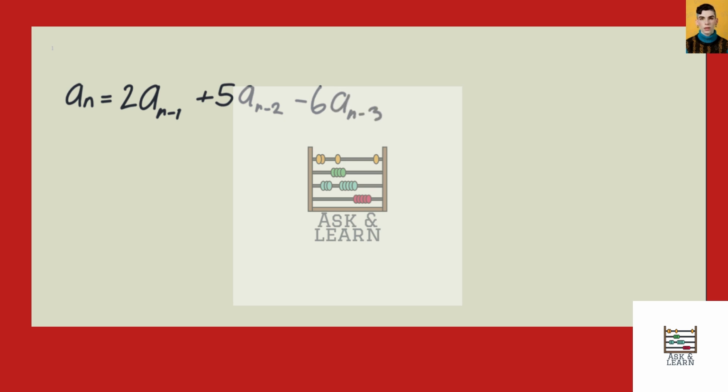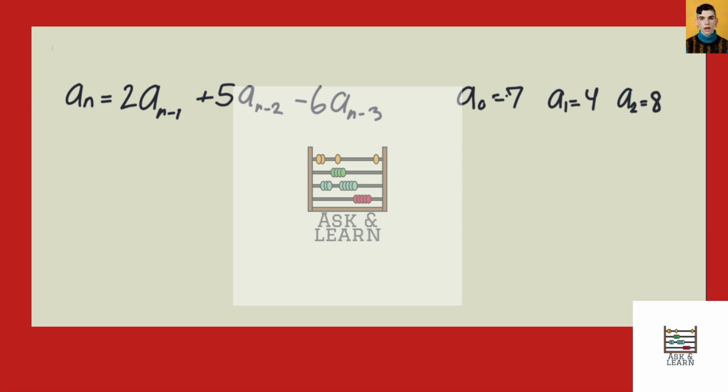So in this case, n must be greater than or equal to 3, or this equation can't function really. And we have our initial conditions: a_0 is equal to 7, a_1 equal to 4, and a_2 equal to 8.